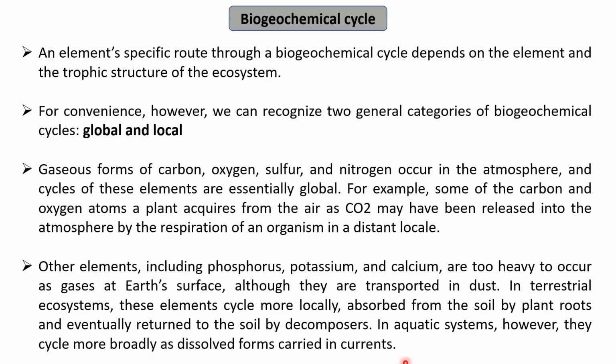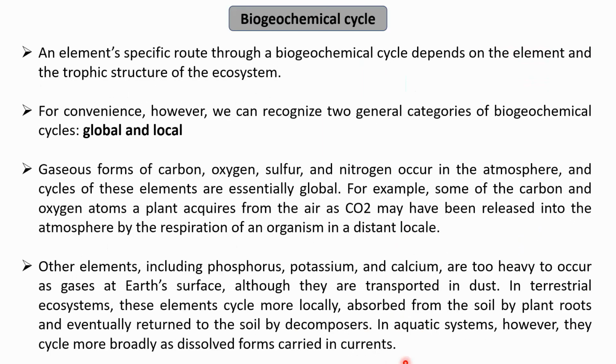These nutrients are usually present on the surface of the earth, and they are usually transported in the form of dust. Especially in the terrestrial ecosystem, these nutrients are absorbed from the soil or returned into the soil by the decomposers. And in the aquatic ecosystem, these nutrients are carried in dissolved form in the water currents.